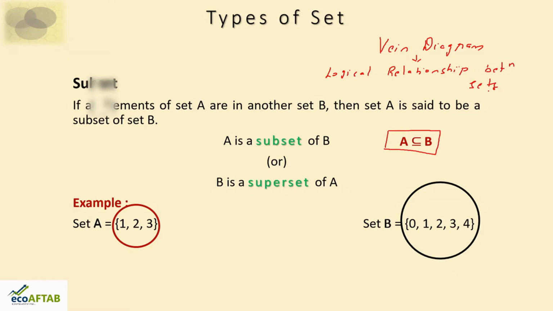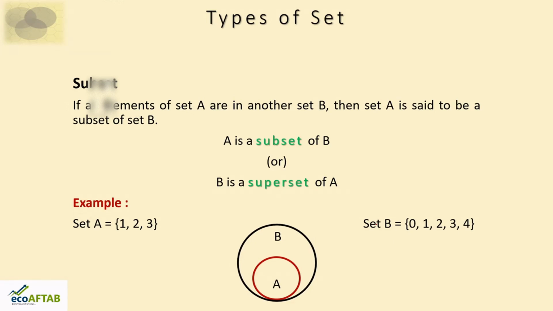Now here the two sets under consideration are set A and set B, and we are asking what type of relationship they have in terms of the concept called subset. To understand subset, we are making use of a Venn diagram where there are two different sets. Set A is natural numbers, set B is whole numbers, and how can we show it diagrammatically? You can see.